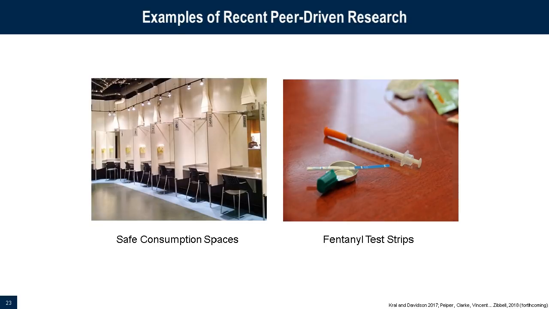Fentanyl test strip technology is a similar effort. Myself and my colleagues at RTI have a publication coming out in the next few weeks on behavioral outcomes associated with these test strips. We're showing that there's actually safer outcomes associated with their use. But the important point here, back to our discussion, is we didn't invent this practice.